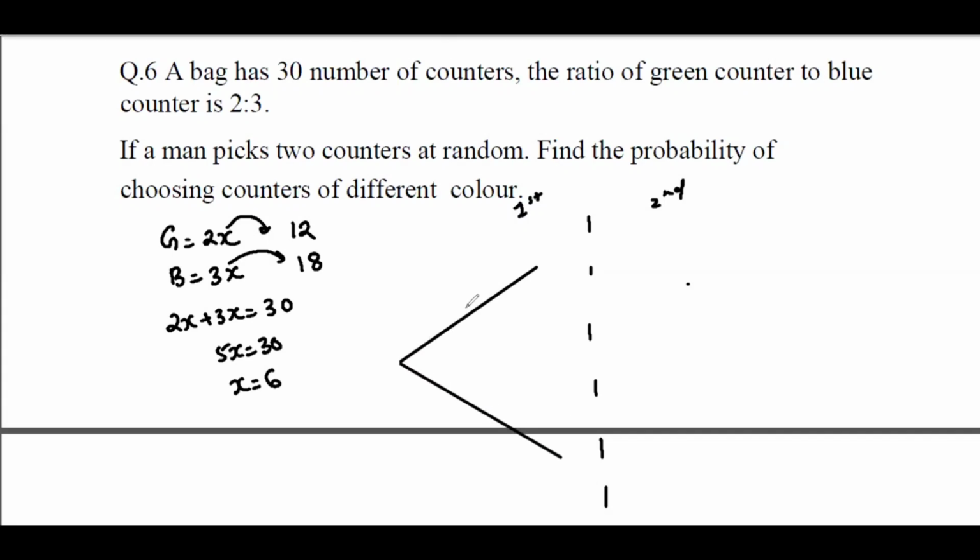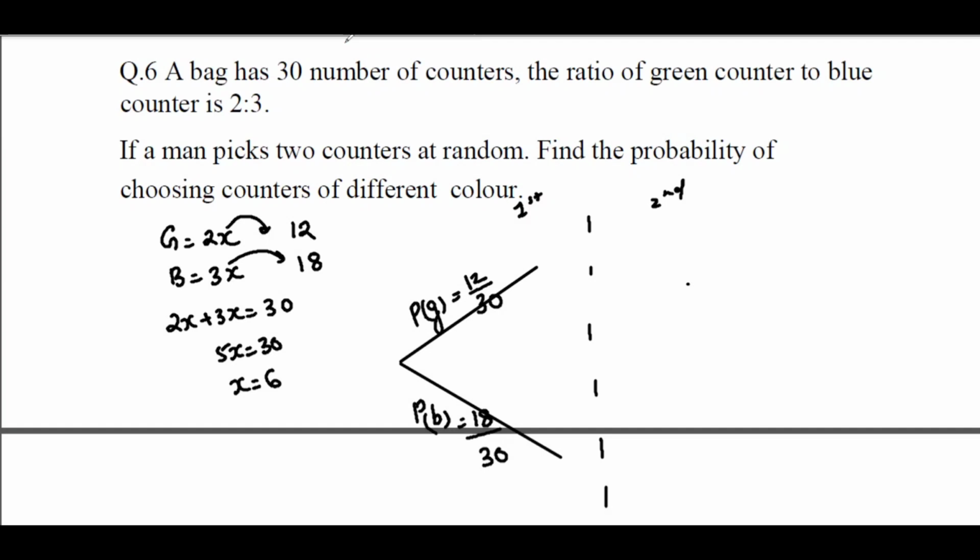The probability of picking green counter will be 12 out of 30. And probability of picking blue will be 18 out of 30.